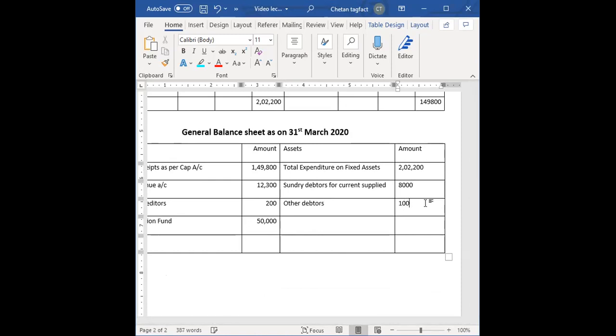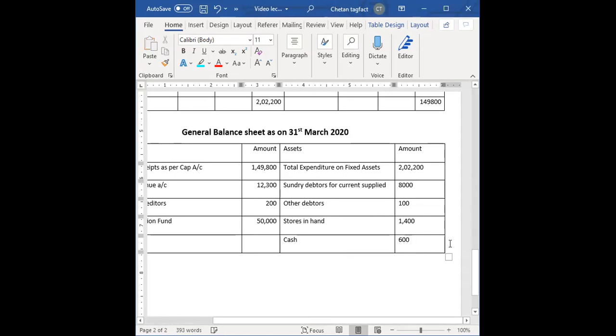Next we have stores in hand, that amounts to 1,400, and the cash that we have is said to be 600.